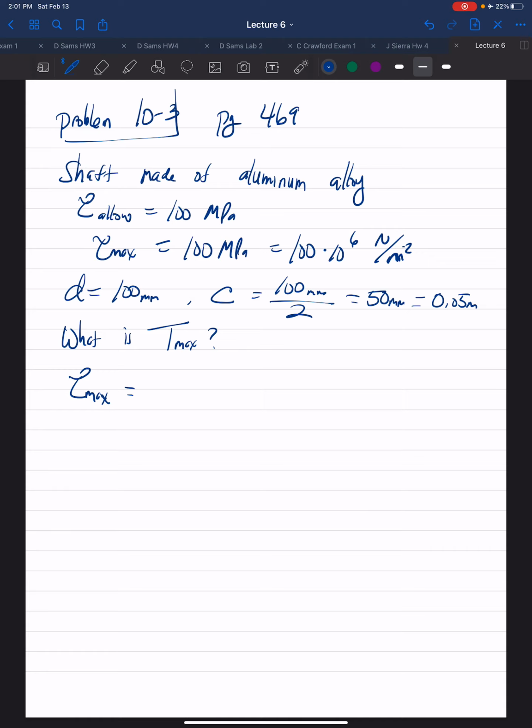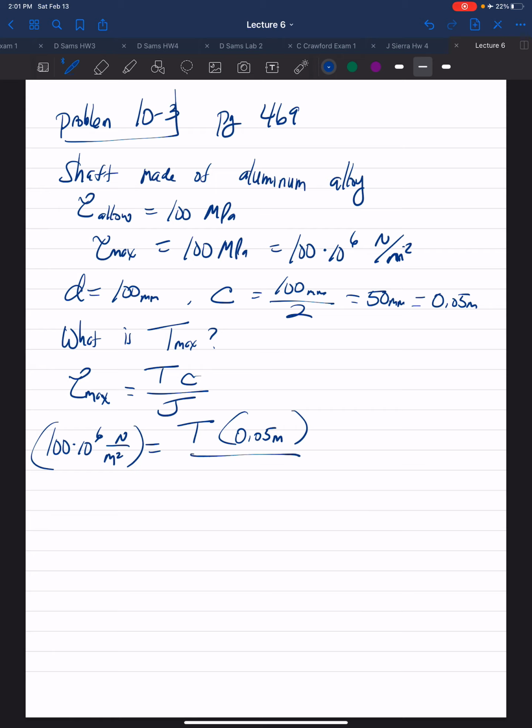Our maximum shear stress is T times C over J. And we were given our maximum shear stress as 100 times 10 to the 6 newtons per meter squared equals T, which is what we're in search of, times our C, which we said is 0.05 meters. We're getting everything in the correct units, over our J.